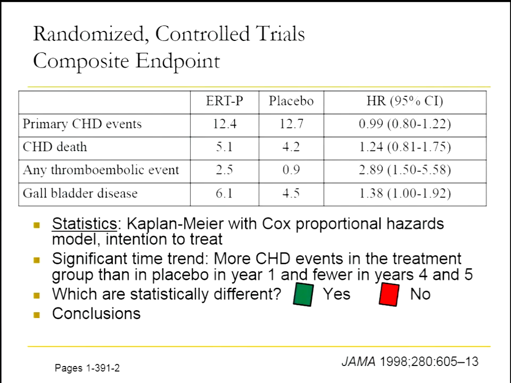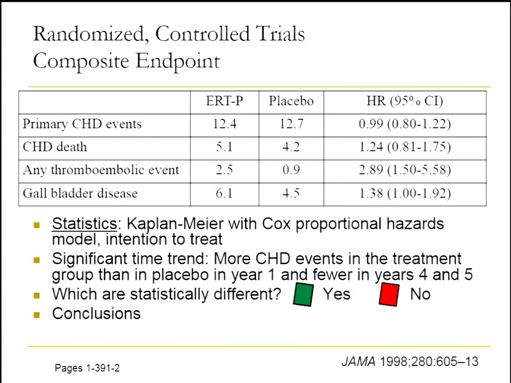All right, so let's look at some of the stuff that we've talked about in this half of this morning's talk relative to randomized controlled trials in terms of the composite endpoint. The composite endpoint in this case was the combination of CHD events and coronary heart disease death. You can see here in the estrogen replacement therapy group and the placebo group, 12.4% versus 12.7%.